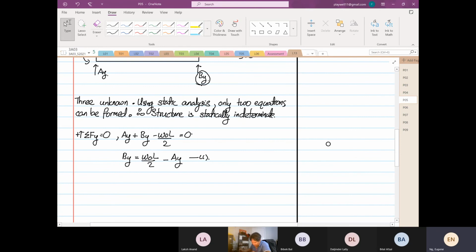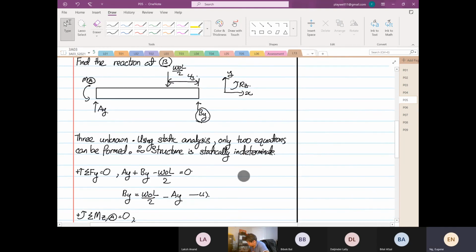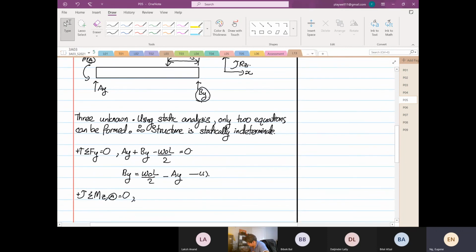Right? So we can take moment about point A. Moment in the Z direction at point A. Okay, so we're going to take moment at point A now. So this will be equal to omega naught L over 2. So it's going in a clockwise direction.